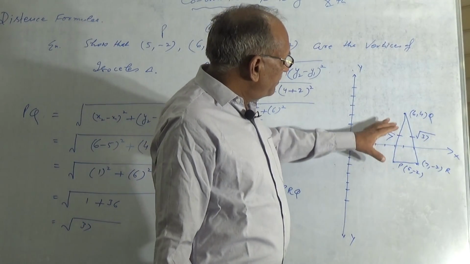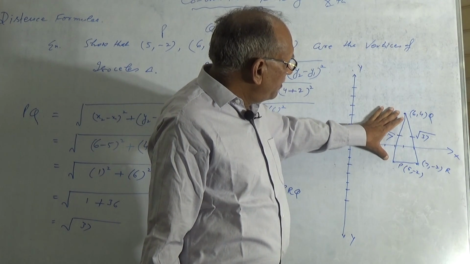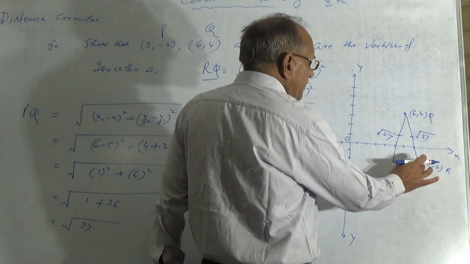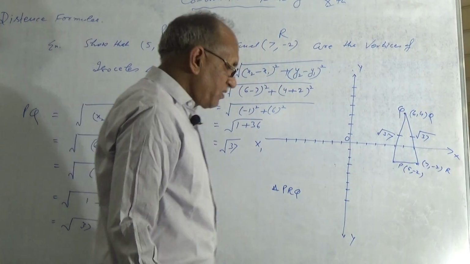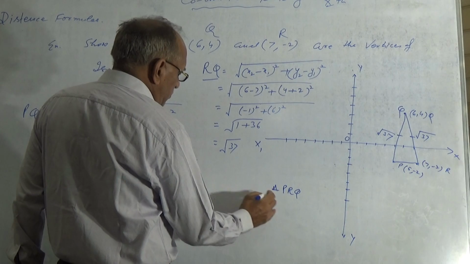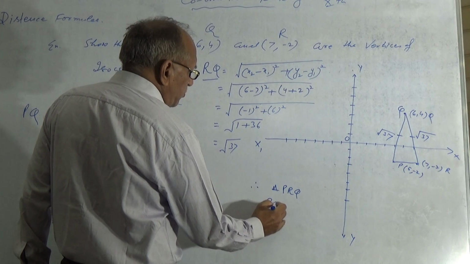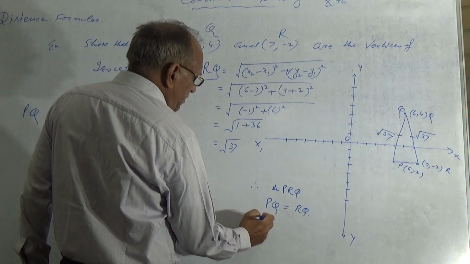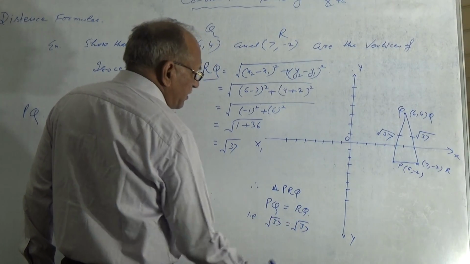So we can say in this triangle PRQ, the distance between P and Q is under root 37, and the distance between R and Q is also under root 37. Therefore, in triangle PRQ, we can say the value of PQ is equal to RQ, that is under root 37 is equal to under root 37.